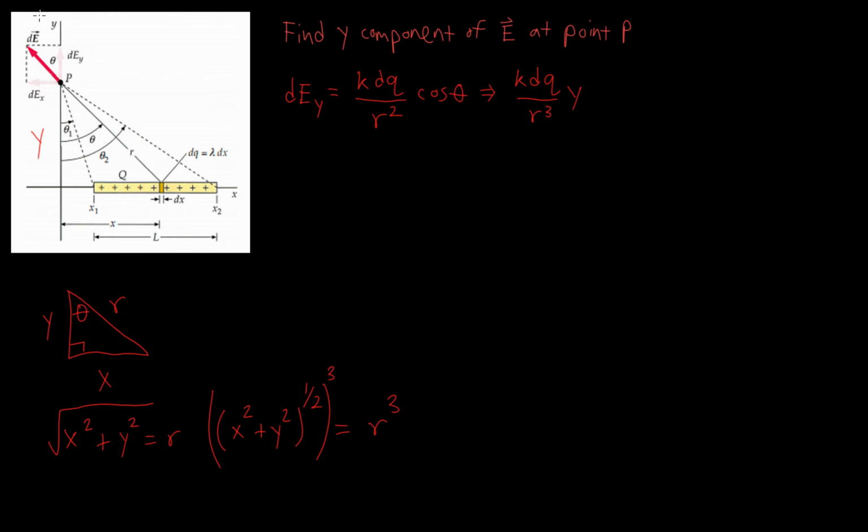So what we could instead write is just x squared plus y squared raised to the 3/2 is equal to r cubed. And so we can substitute that into r cubed in this expression right here.